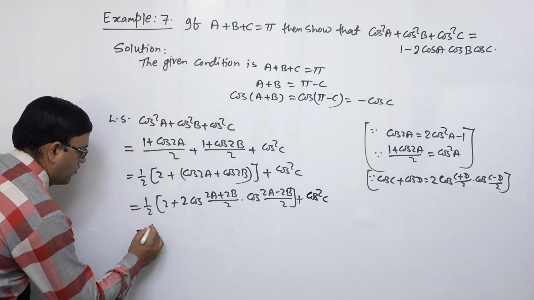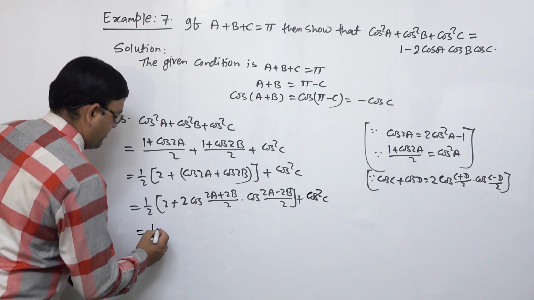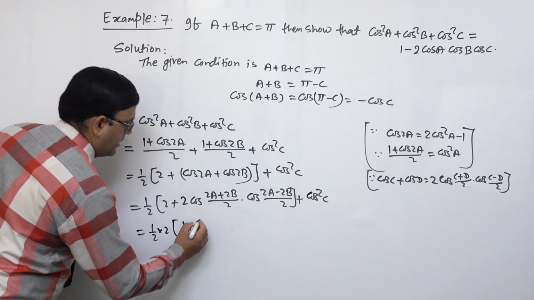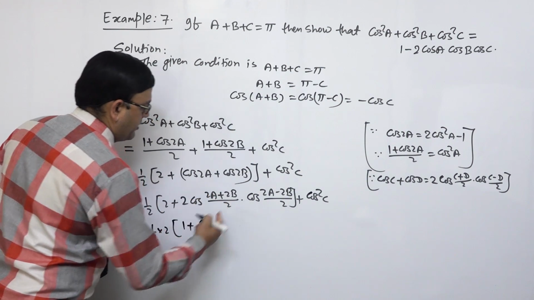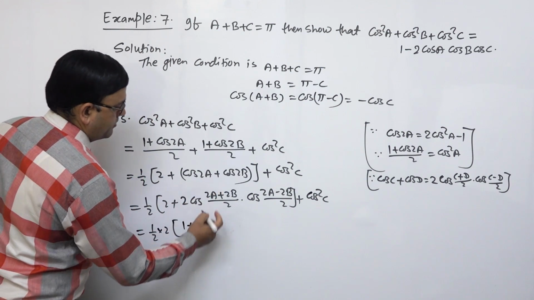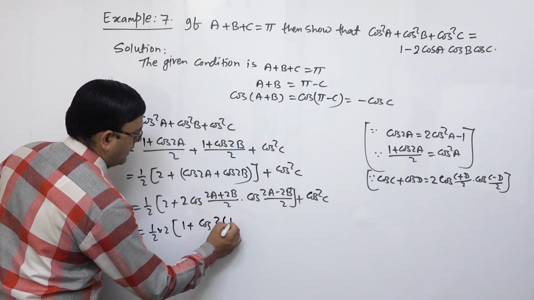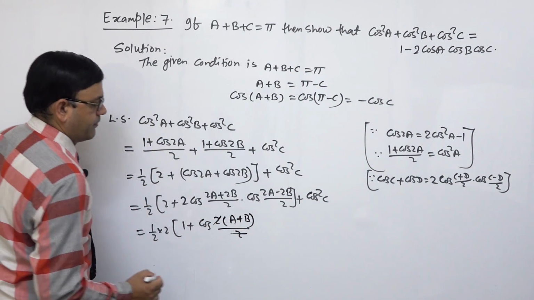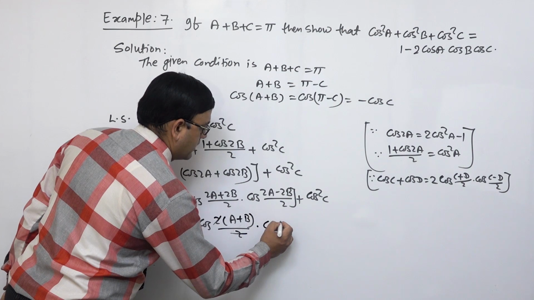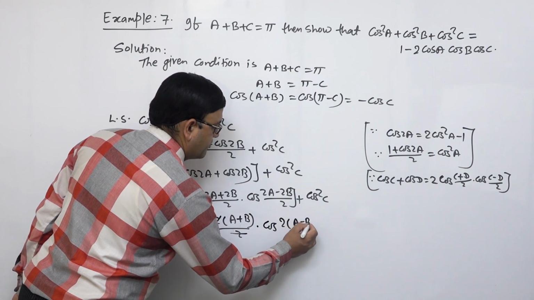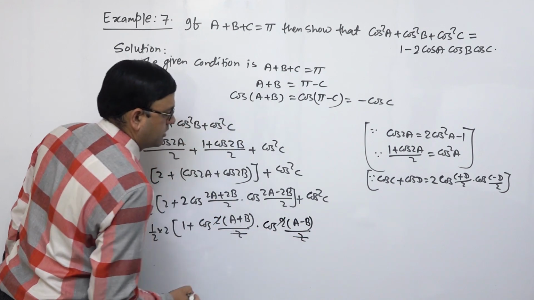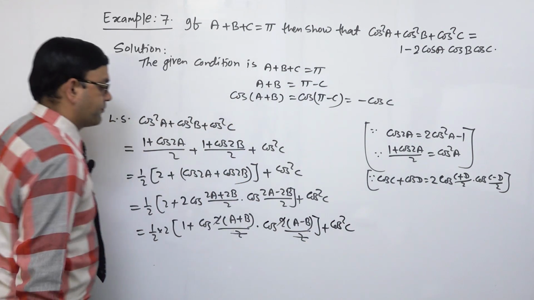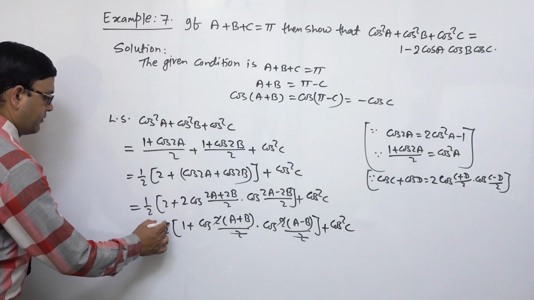Now this is equal to 1 by 2 times, we can take it common. So 1 plus, here is cos. If we take 2 common here, then A plus B will be here, A plus B by 2, and we can cut this. Similarly, cos 2 common, then A minus B by 2, we can cut this and this, plus cos square C. This and this we can cancel.